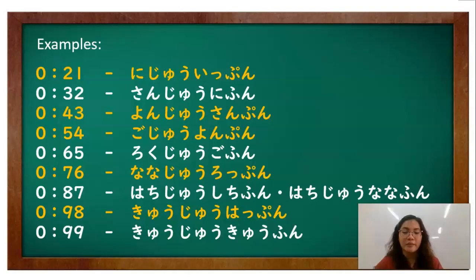And 99 minutes is Kyuju Kyufun. So you just change the last part depending on the number and add pun. And if it's special, you change chi to a small tsu and make it pun. This same process applies to 1 to 99 minutes.